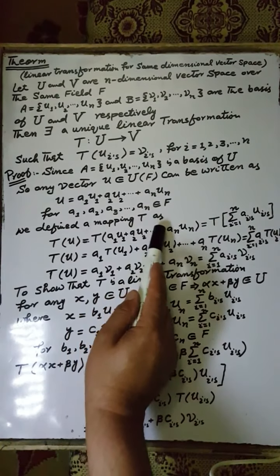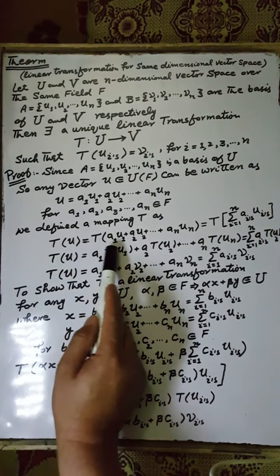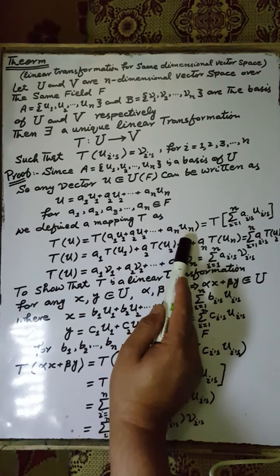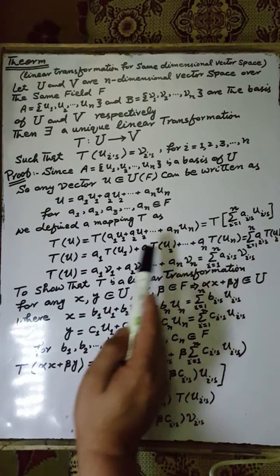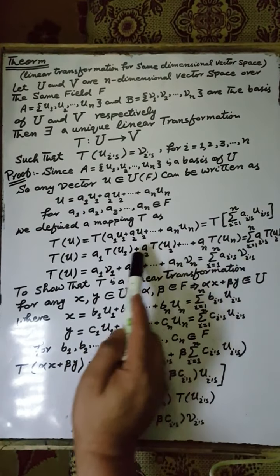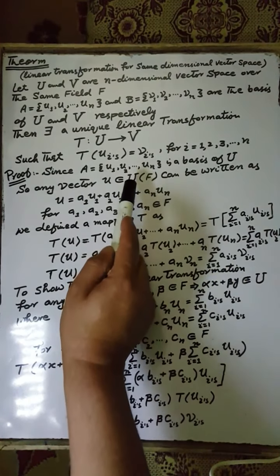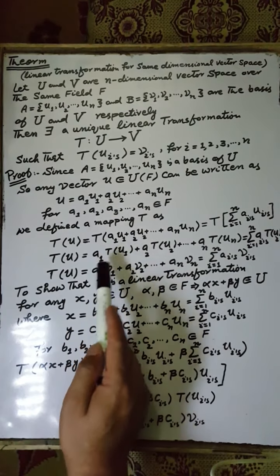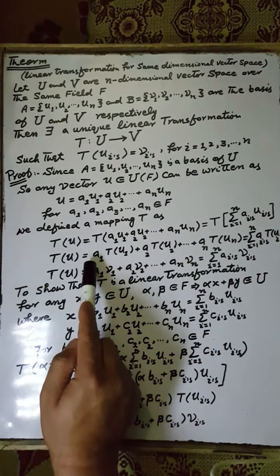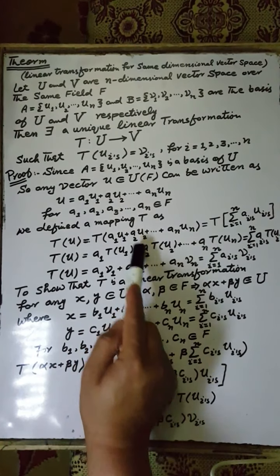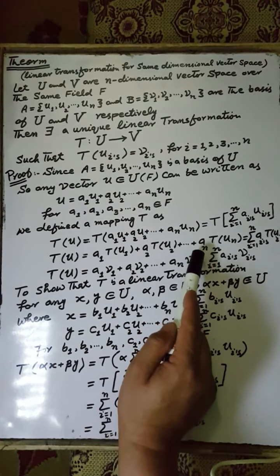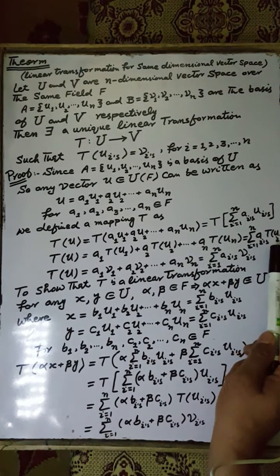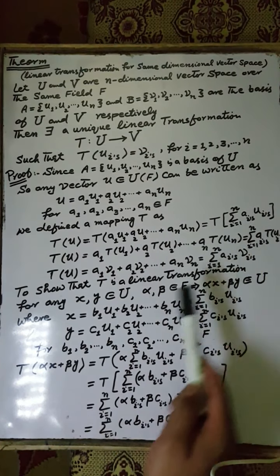We define a mapping T as T(u) = T(a1u1 + a2u2 + ... + anun), that is T of the summation of the basis vector terms. And this can also be written as a1T(u1) + a2T(u2) + ... + anT(un), that is the summation of ai T(ui), i = 1 up to n.